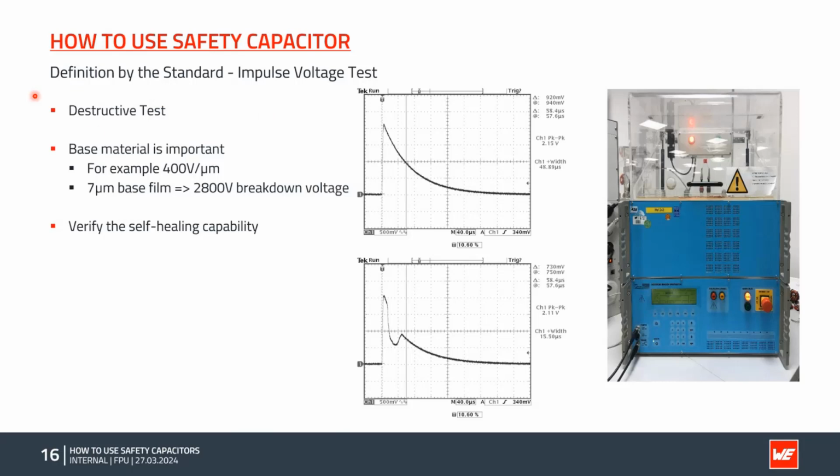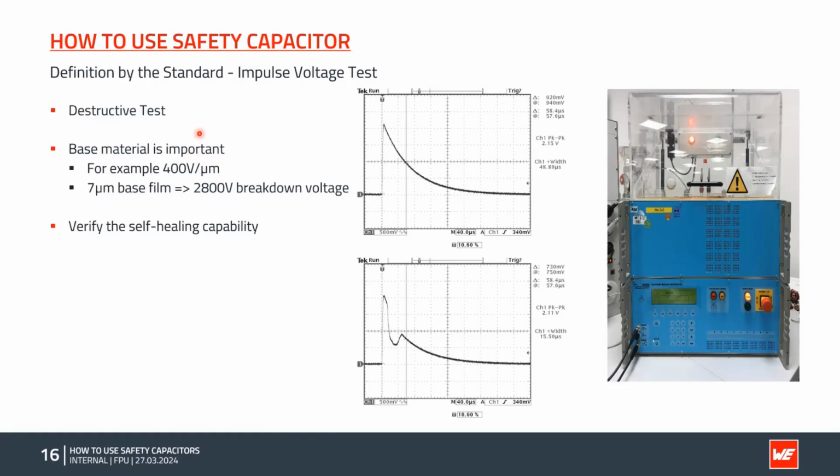And this is a destructive test. In the worst case scenario, we really destroy the part, because we want to know the limits of the product, and when we go higher than specified, the part will break, and some parts get cracked and so on.